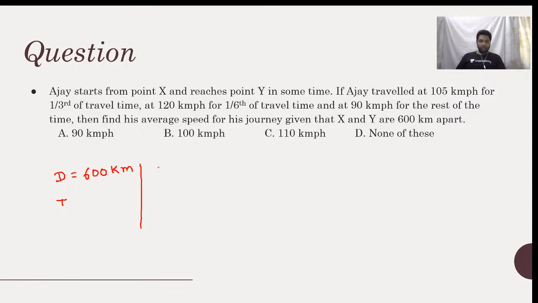He traveled one third of t, that is t by 3 hours, at a speed of 105, plus one sixth of the travel time, that is t by 6, at a speed of 120 kilometers per hour.